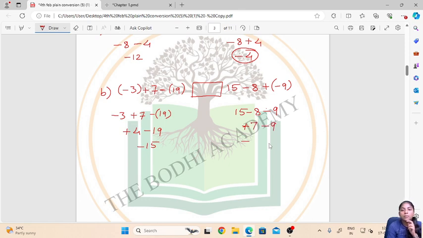So the answer will be -2. Now on the number line, -15 will be greater or -2 will be greater. So -2 will be greater, so we have to put this sign over here.